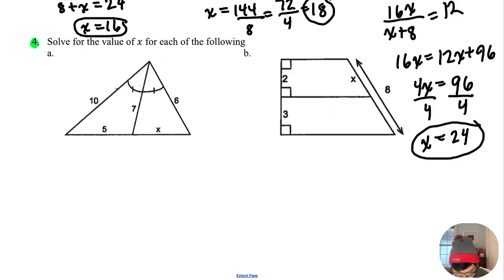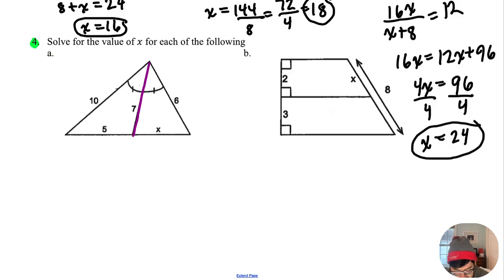So in the first one, this is the angle bisector theorem that we're going to apply. And what you might notice is that this segment right here is an angle bisector. And when that happens, and you're given the information you've seen here, there are ratios that you could write to solve the problem.